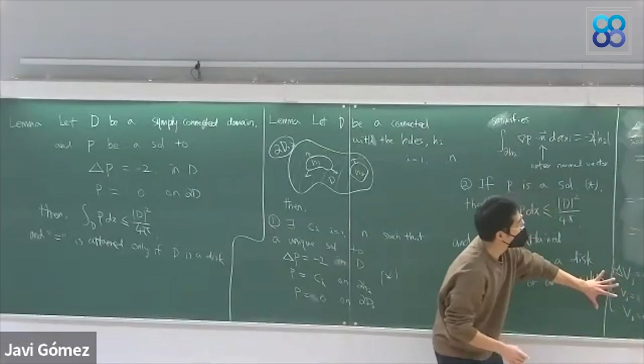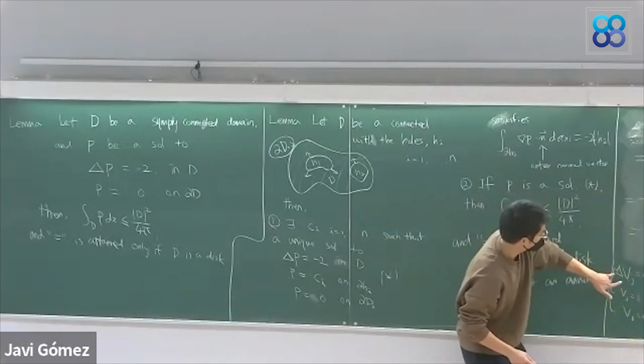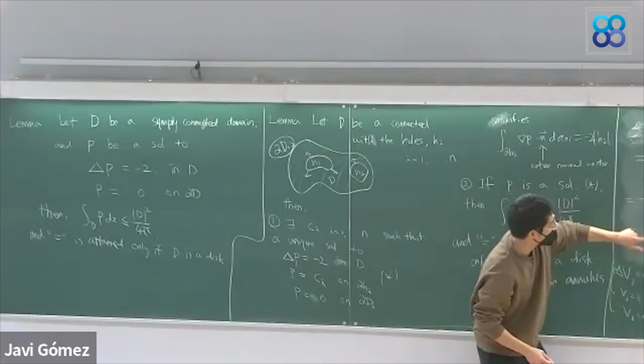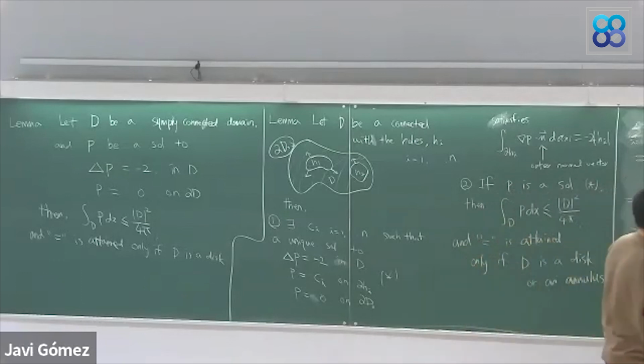So this is what I erased here. Because Vj is harmonic, the first integral vanishes, and then when you look at the second term, Vj is harmonic and it attains the minimum on the boundary.